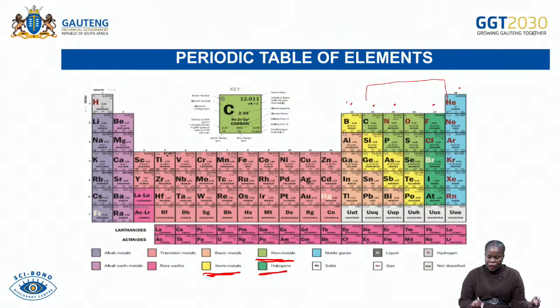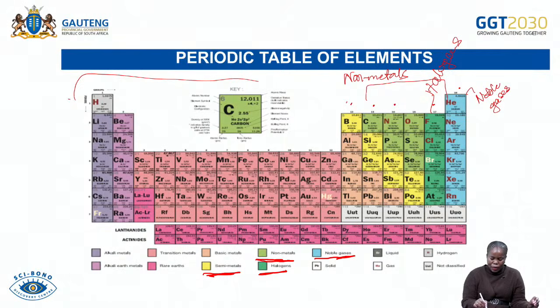And then you've got your noble gases in blue. Here are your noble gases over here, and here are your halogens. And these are your non-metals. These are your metals, different types of metals.